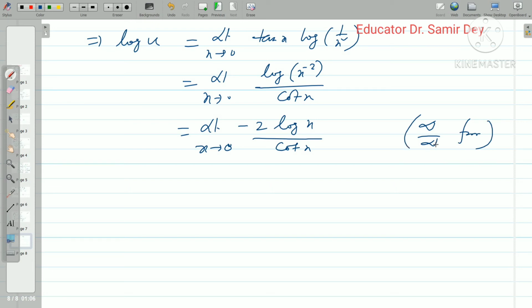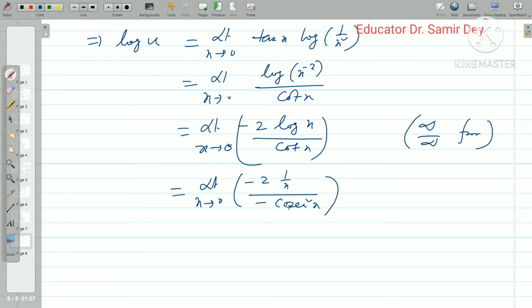Okay, now already you know if you have infinity by infinity form, then you have to use L'Hospital rule. Already you know that L'Hospital means derivative until you have a finite result. That is limit x tends to 0, minus 2 into 1 by x, by derivative of cot, which is minus cosec square x.